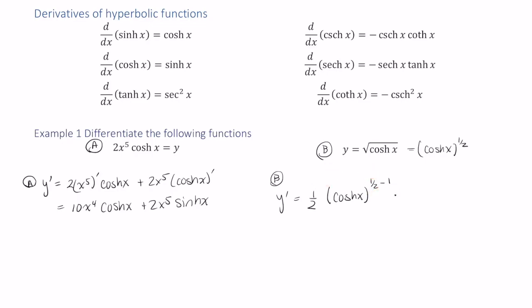And then we're going to apply the chain rule since we have a function within a function, so we have to multiply by the derivative of cosh x to end up with 1/2 times cosh x to the negative 1/2 power times sinh x, which is sinh x divided by 2 times the square root of cosh x.